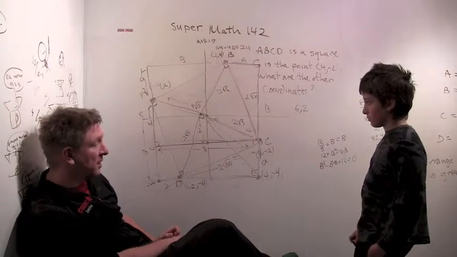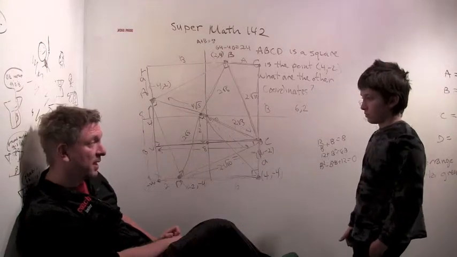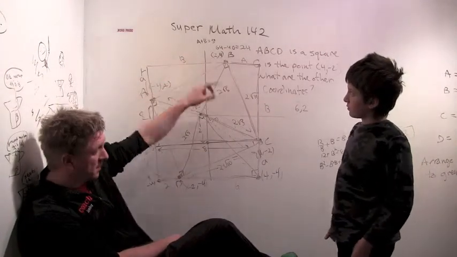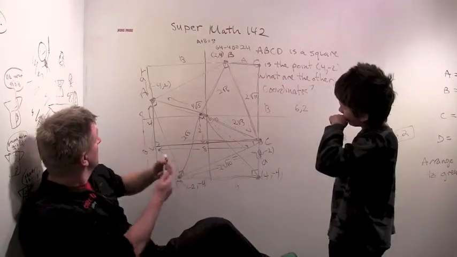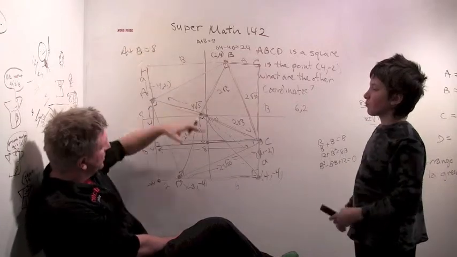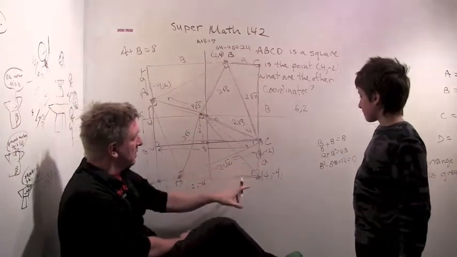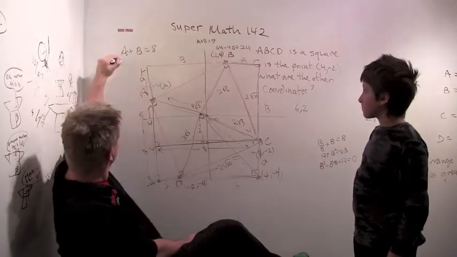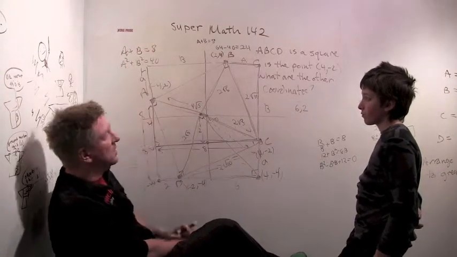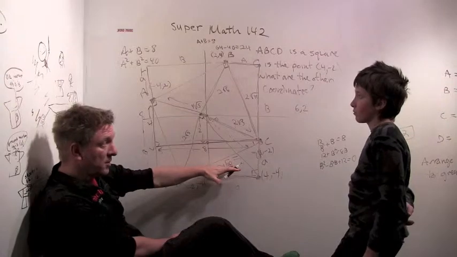It wasn't about symmetry. Another equation you could have used to find A and B was the Pythagorean theorem. You knew A plus B was 8? Yeah. And you know A squared plus B squared is 40. So that was a different equation you could have used.